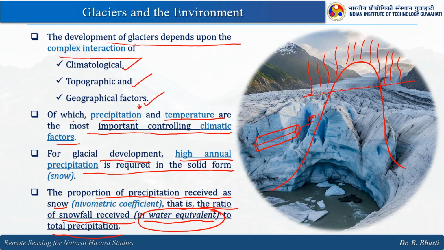After winter, summer season will come, and maybe because of the temperature change there will be some melting. Initially the accumulation was 1 meter, but there is a melting of 30 centimeter. So 1 meter minus 30 centimeter, that will be your mass change or the mass balance of this particular area. This is how slowly this gets accumulated, and because of temperature and pressure they get metamorphosed and come up with this kind of glacier ice.